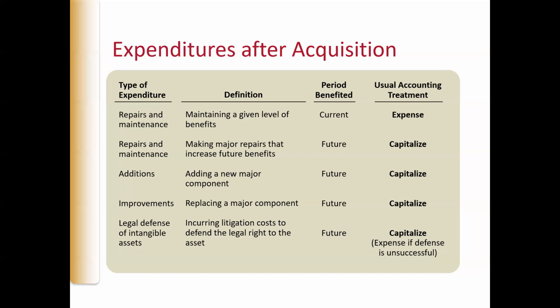And when we have legal fees to defend the right to the asset, we will always capitalize that if the defense is successful. If it's not successful, then we're going to expense it because it looks like we didn't win. Therefore, whatever we think our rights are to this asset are no longer. Does that make sense?